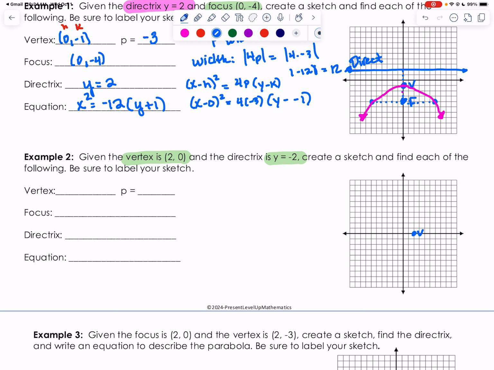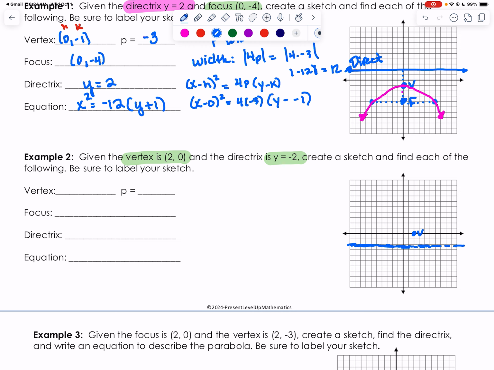Because if you don't, you will get your vertex and your focus mixed up. I've been doing this a long time. I still get them mixed up when I don't label. Okay. Our directrix is y equals -2. So here's our directrix. So we've got that labeled.